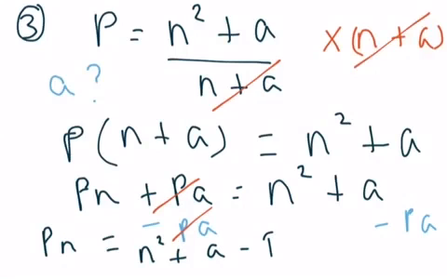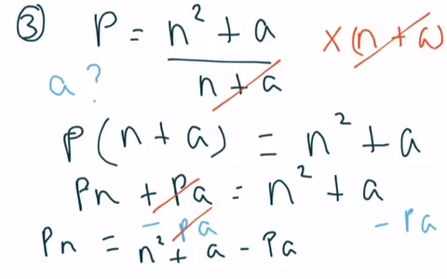minus pa. Right, my next step then is to get rid of this n squared and bring it to the left hand side, because we want all the a's together on one side on its own. So to get rid of this n squared, obviously at the moment it's n squared plus, so we would take away the n squared because the opposite of addition is subtraction.